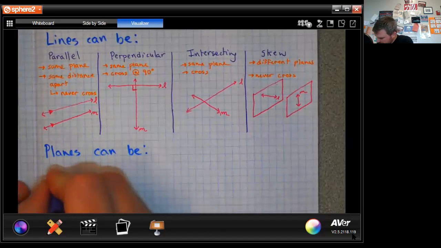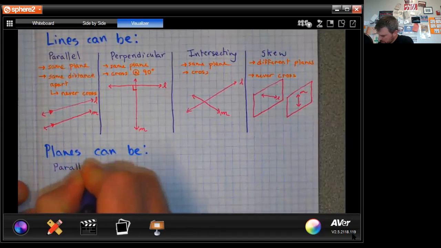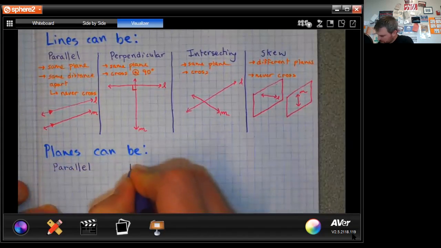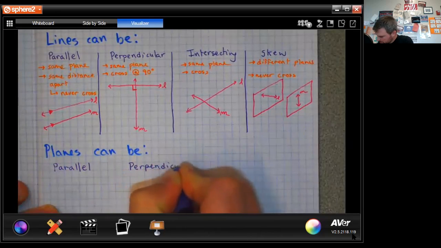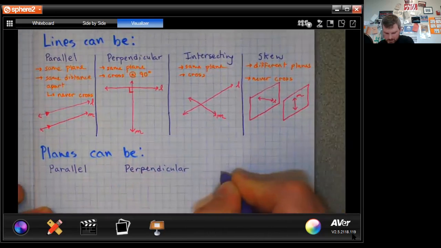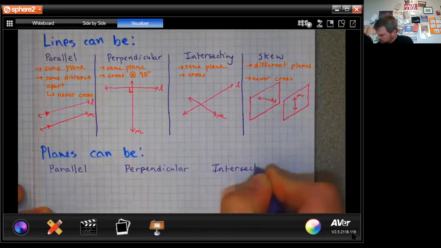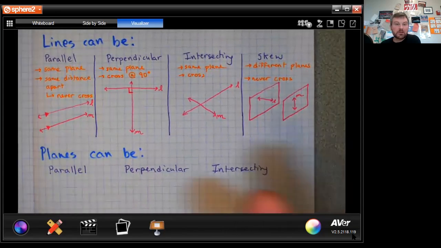So planes can be parallel. Planes can be perpendicular. And planes can be intersecting. The only thing we don't have are skew planes, okay?